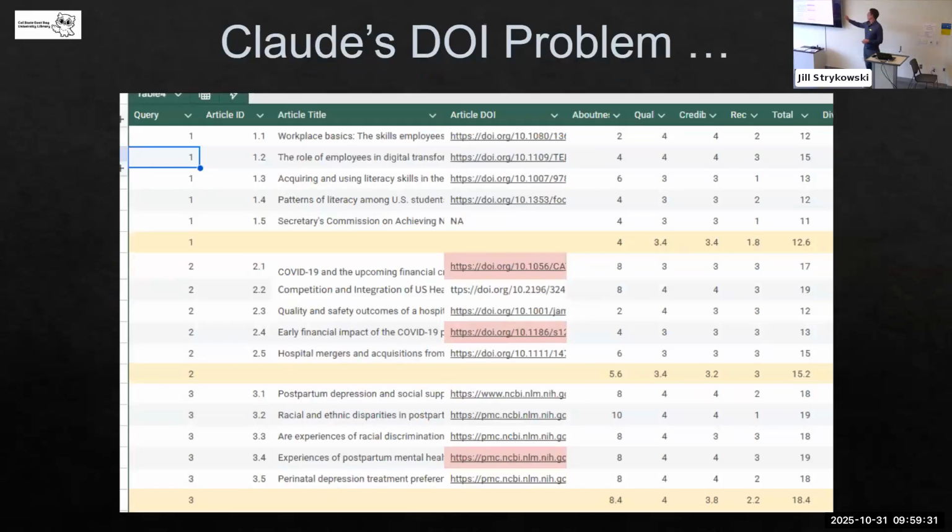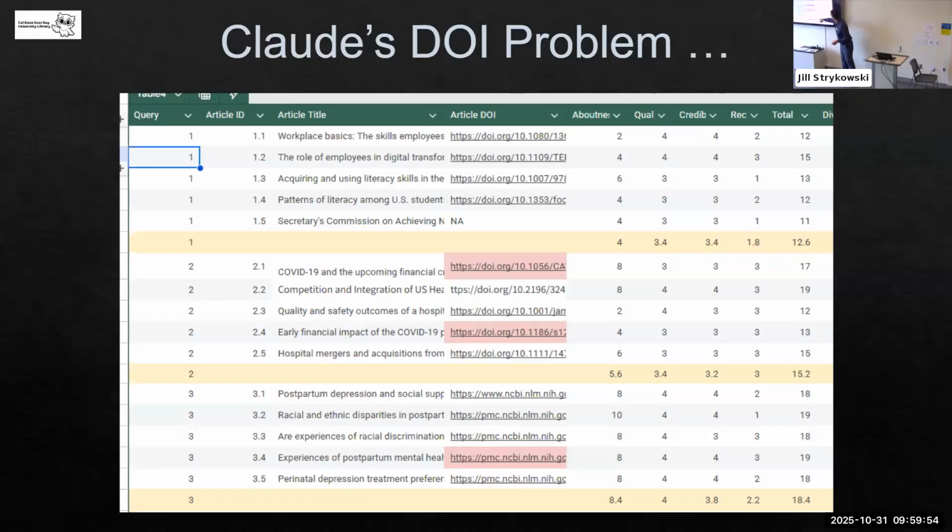One ongoing thing, although I've said that, based on both my testing and my subjective experience, Claude was maybe becoming the best tool of the ones I tested for undergraduate research and looking for papers. It does still have a DOI problem. So this is my training sheet.